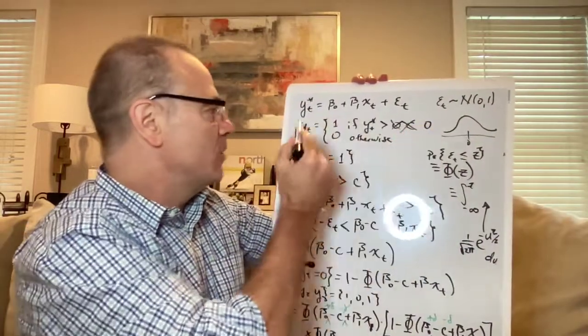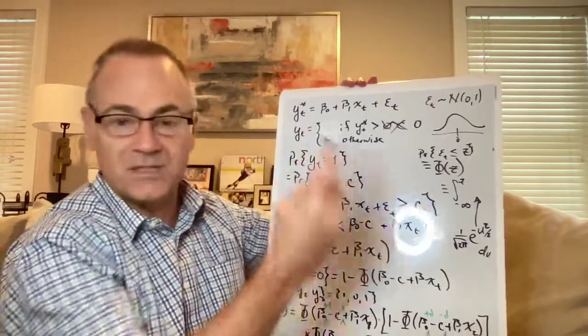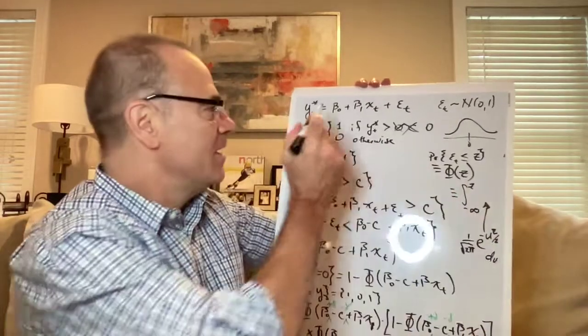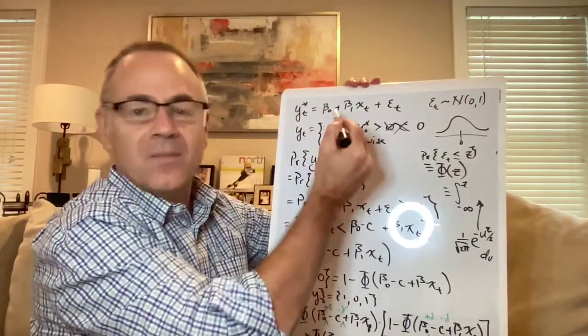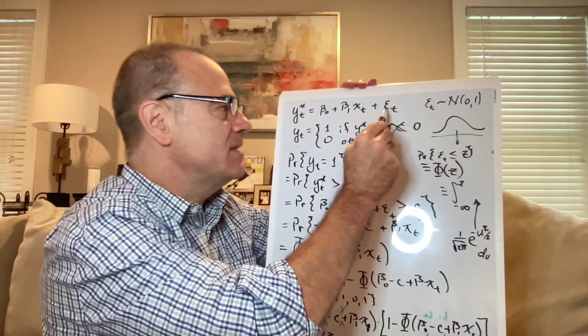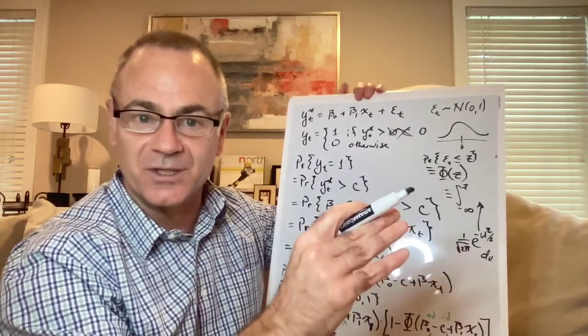If it's above 0, we say the dependent variable is 1. Below 0, the dependent variable is 0. Everything is just like a Probit, that whole setup, and I'm going to keep the same set of independent variables. All I'm going to change is that epsilon t will have a different distribution.